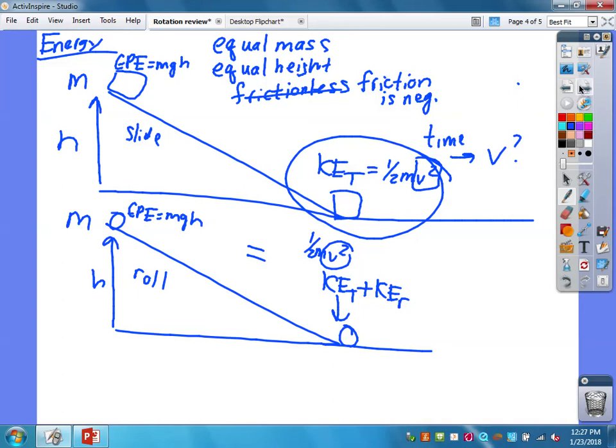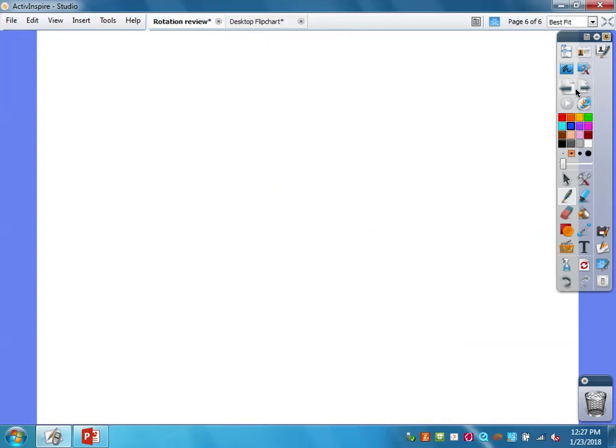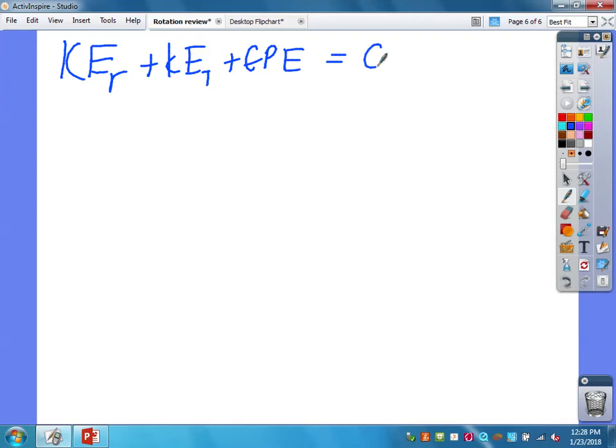Okay, I'm going to skip a page. What we're looking at now really is the fact that we have this work energy theorem: kinetic energy rotational plus kinetic energy translational plus GPE equals GPE plus kinetic energy translational plus kinetic energy rotational. Again, this side's final. This is initial.